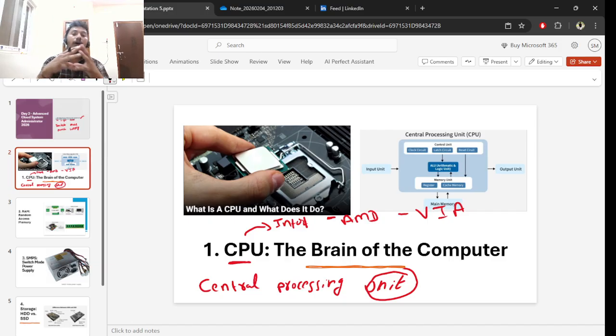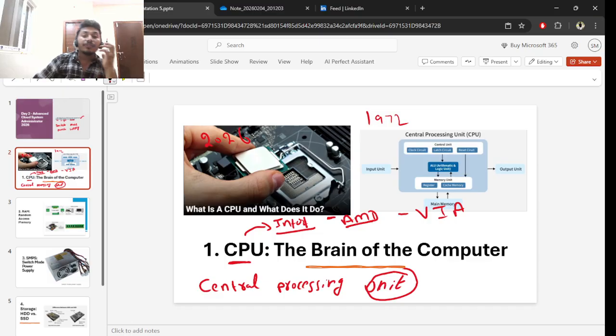These three are designing these CPUs. Now, by 2026, Intel and AMD are both dominating CPU design.